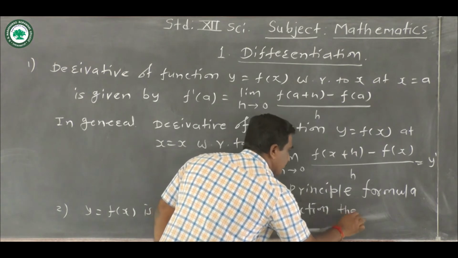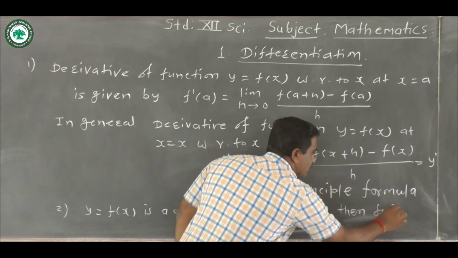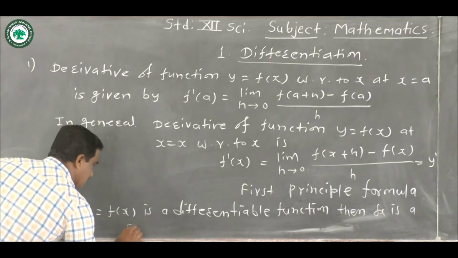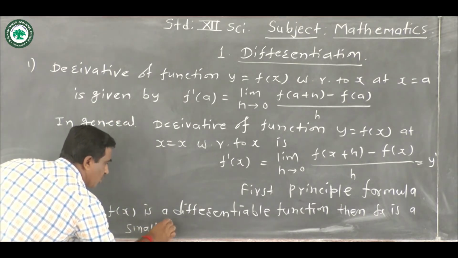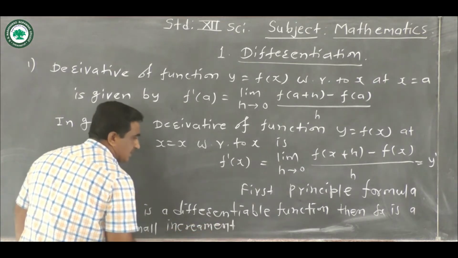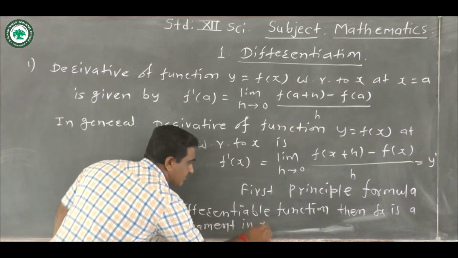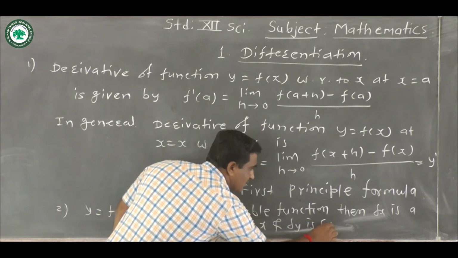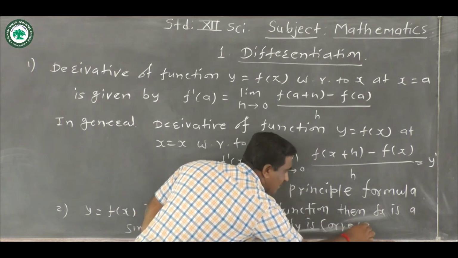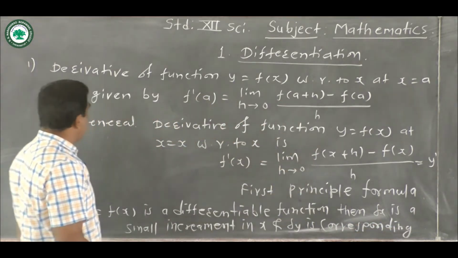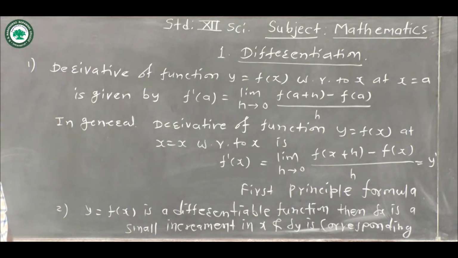Then delta x is a small increment in x, and delta y is the corresponding increment in y.